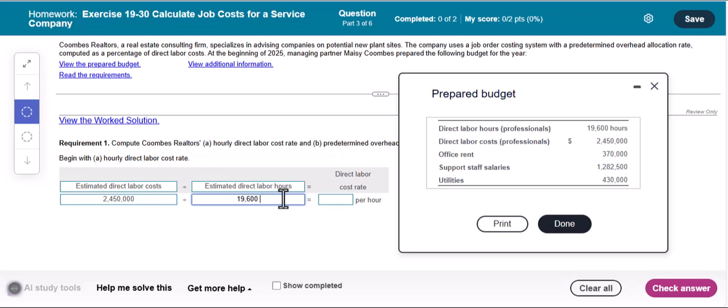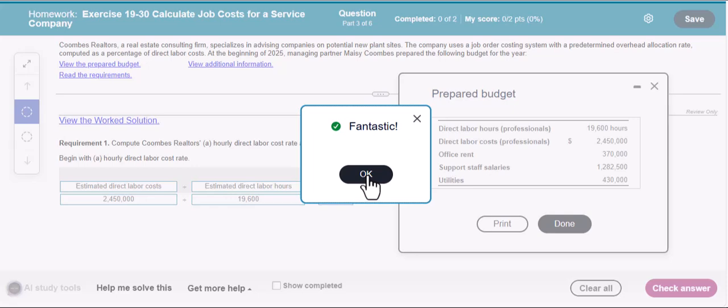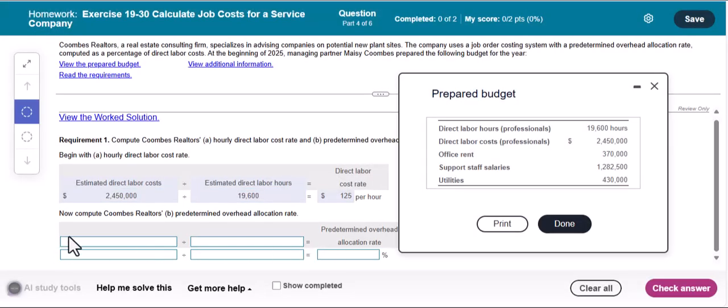And then we're going to do our math, and that is going to give us $125 per hour. And then we can go ahead and check our answer. Fantastic.